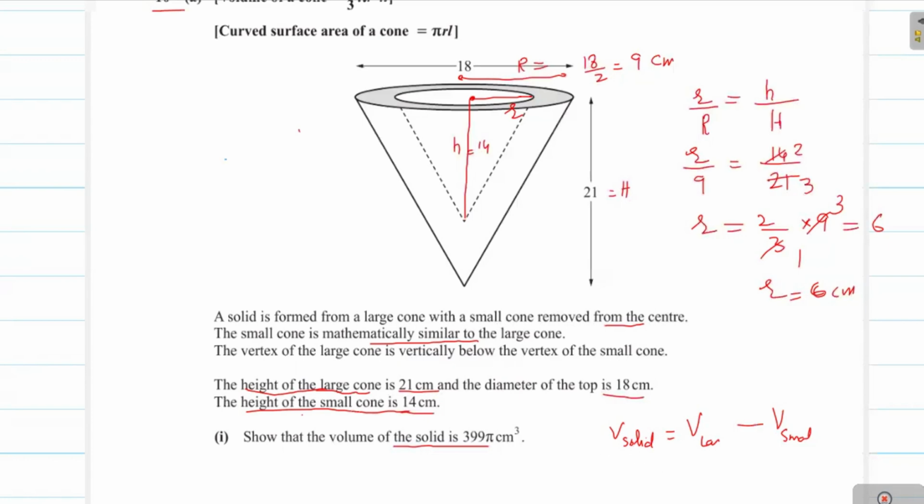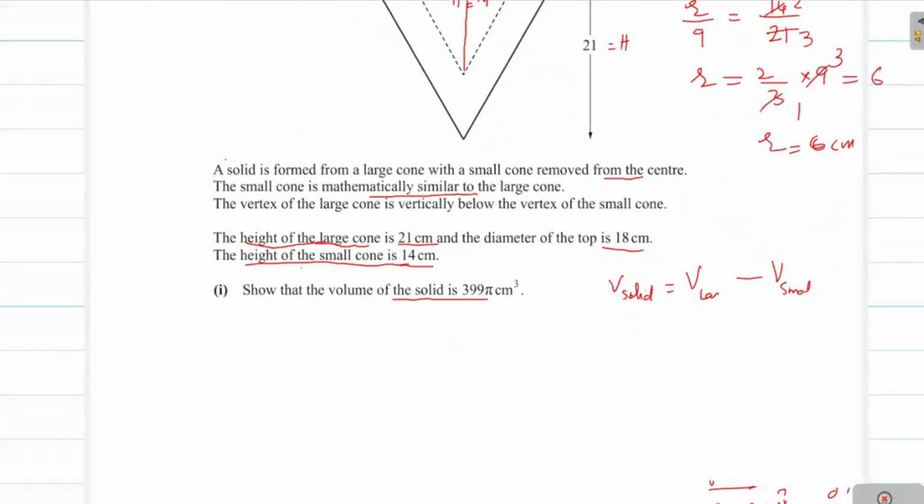Therefore, the volume of the solid will be equal to volume of large minus volume of small, which is 1 over 3 pi r square h minus 1 over 3 pi r square h. Now we can write it as 1 over 3 pi into big r square h minus small r square h.